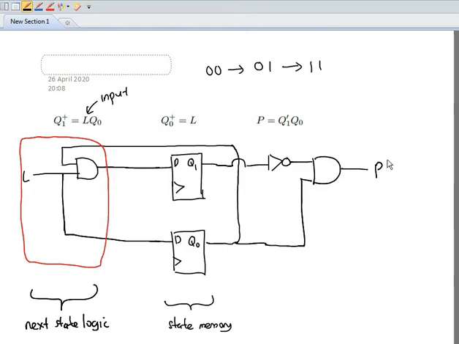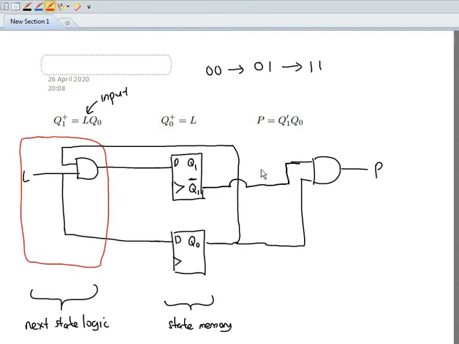So that's your P. You can either put a NOT gate here, or sometimes D flip-flops have a second output, which is the complement of the first output, so they have a Q1 bar. Instead of using a NOT gate, you can connect this Q1 bar to your AND gate. It's the same thing, so you can use either a NOT gate or the Q1 bar output.